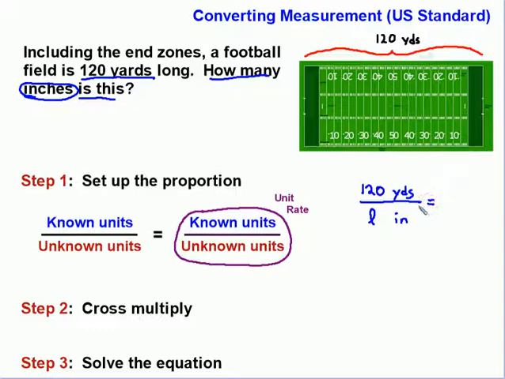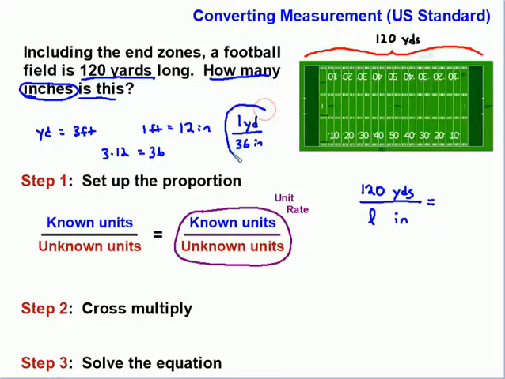All right, and what do I know in terms of yards and inches? Well, because a yard is equal to 3 feet and 1 foot is equal to 12 inches, I know that a yard is made up of 3 feet that are 12 inches each, so I can multiply 3 times 12 and get 36 to find out that 1 yard is equal to 36 inches.